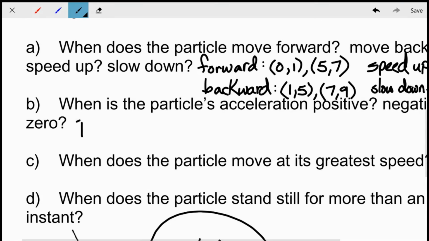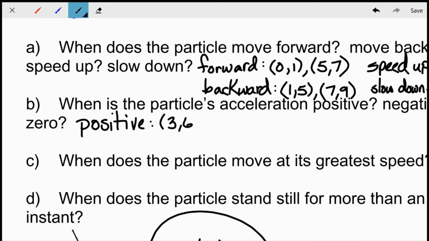So we had one interval where it was positive, and that was the time interval 3 to 6. And we had 2 intervals where it was negative, and that would be the time interval from 0 to 2 and the time interval from 6 to 8.